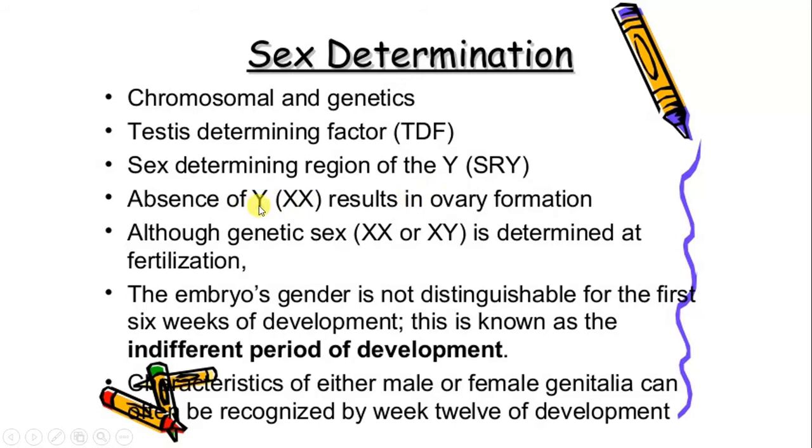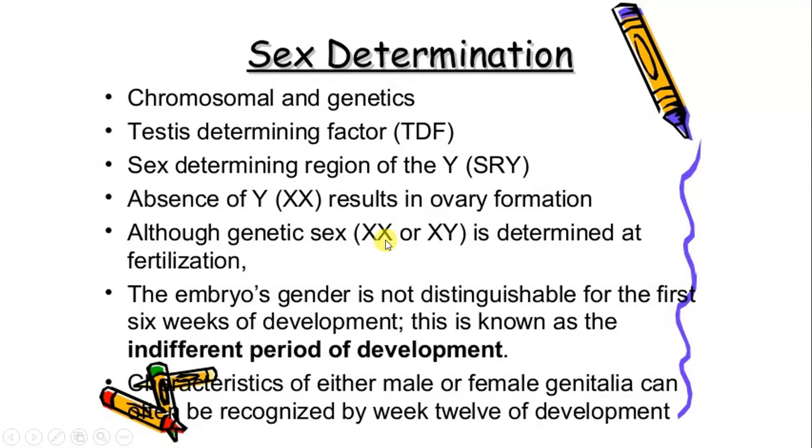So the absence of Y results in ovary formation. It is the presence of the Y chromosome and the SRY gene that will determine the differentiation of the sex of the baby. It is not the presence of double X, but it is the absence of the Y chromosome.